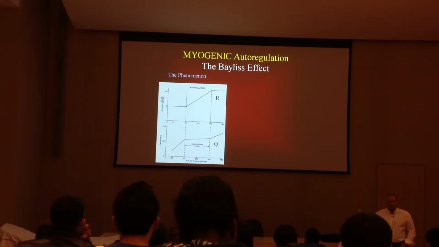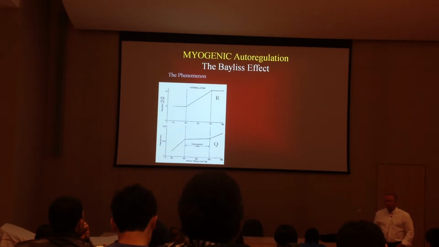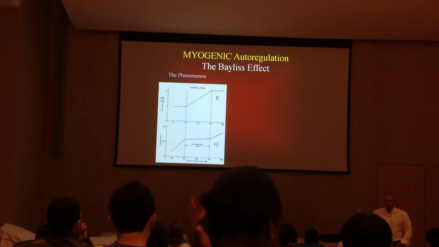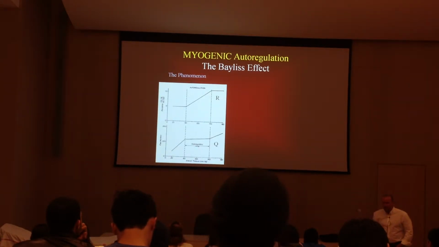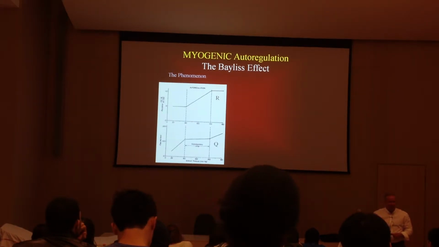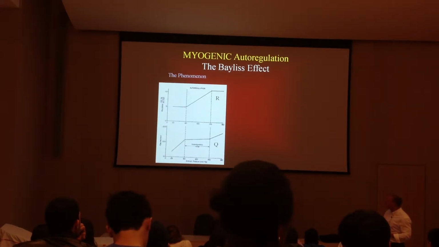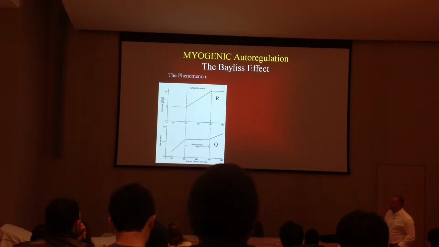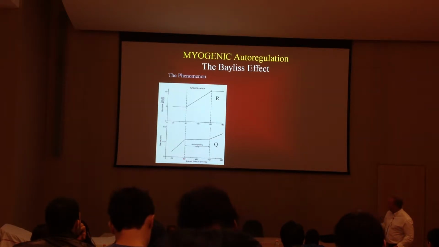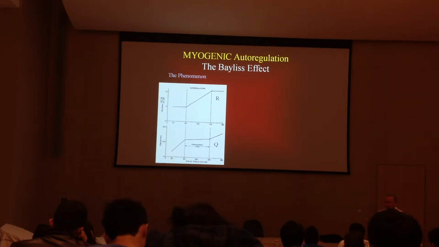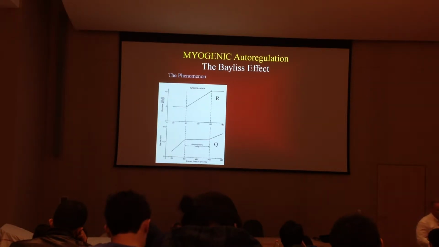And if you know Ohm's law, you know that Q equals P over R. If the P increases and the R proportionally increases, so if the numerator and the denominator proportionally change, then the ratio would stay constant. So here we have a very special phenomenon that within the range of autoregulation, the increase of the pressure does not change the flow, but it increases the resistance, which is kind of counteracting the knowledge we have gained so far. But let us see why this phenomenon is so important.